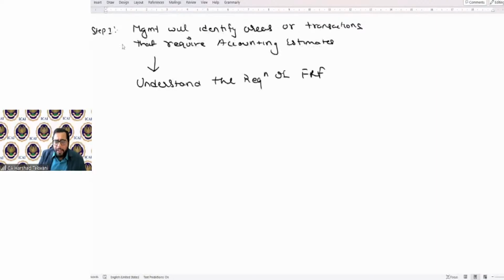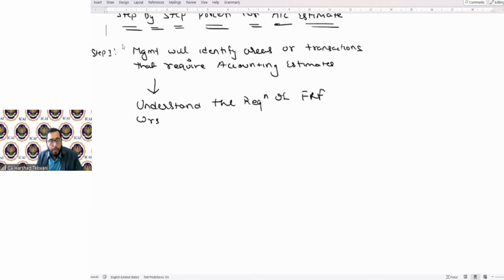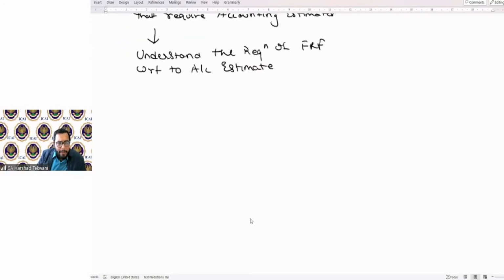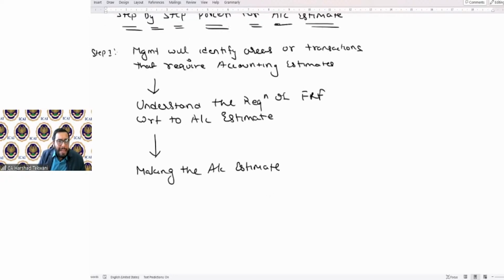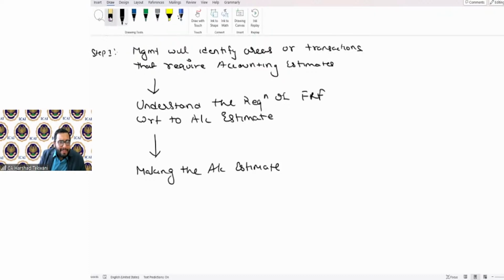Okay, what is the requirement of the financial reporting framework with respect to accounting estimates? So what are the disclosure requirements for the accounting estimate? Then management will go and make the estimate.